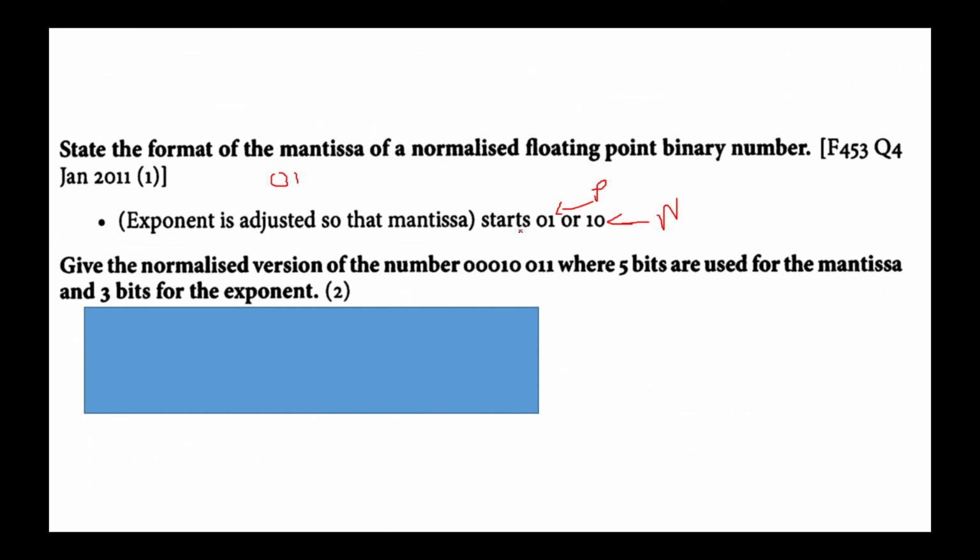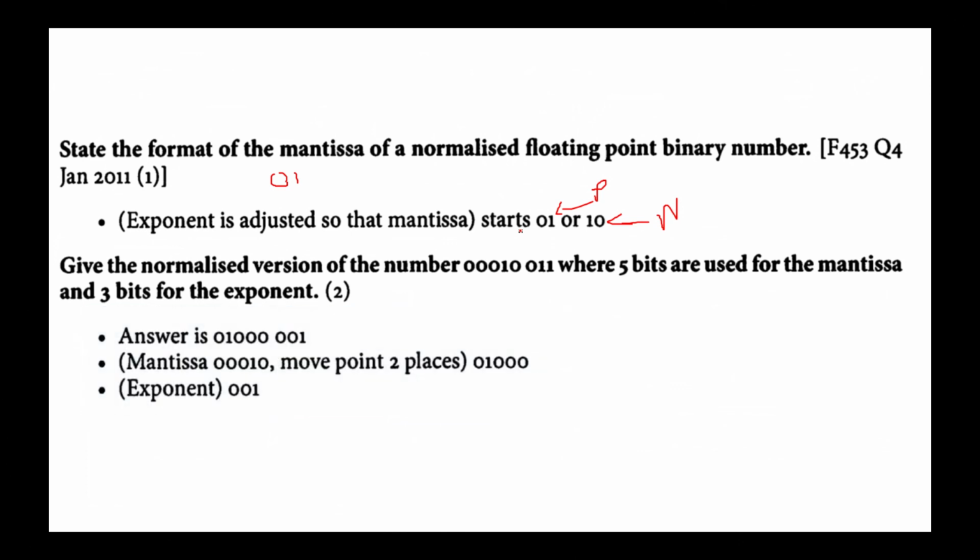So now the normalized version of this number, where 5 bits for the mantissa and 3 bits for the exponent, is 0, 1, since the decimal point is here, so you just need to go 1, then 2, so it moves 2 places. There we go.